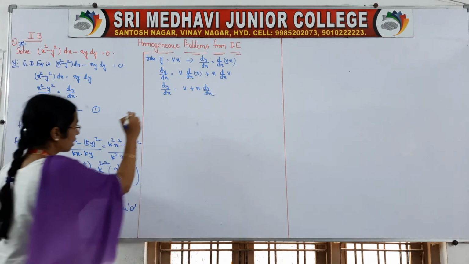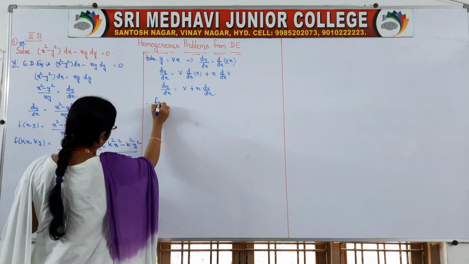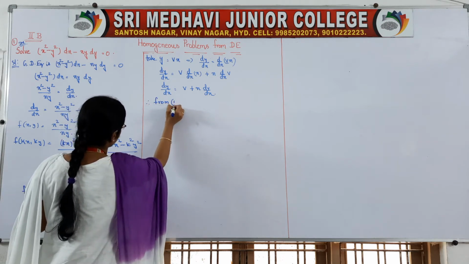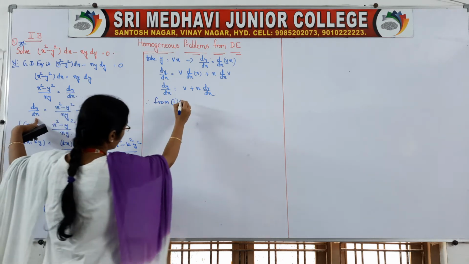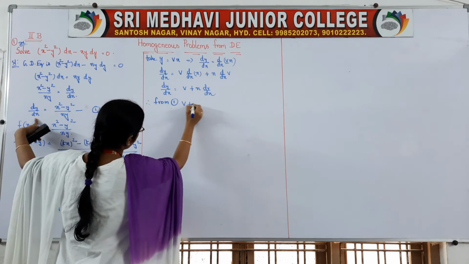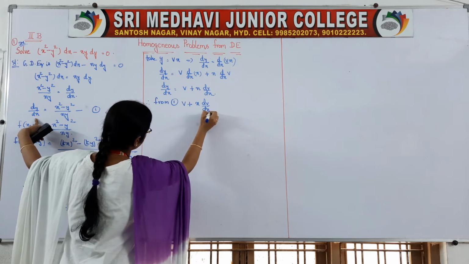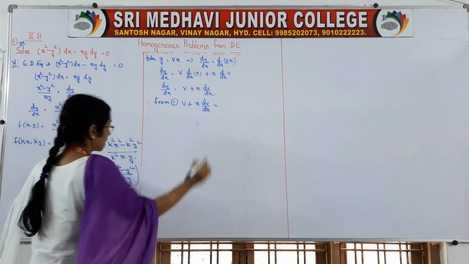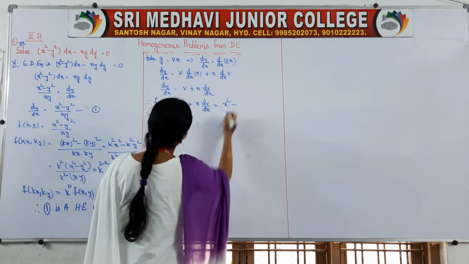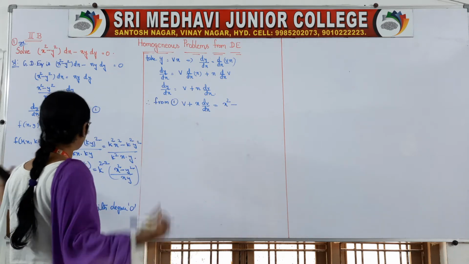So from the first equation, dy/dx is v + x dv/dx = (x² − y²)/(xy).